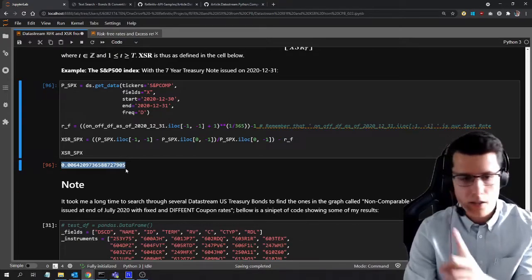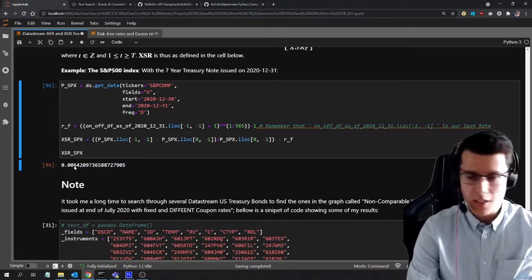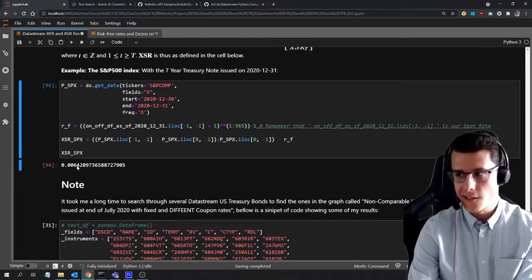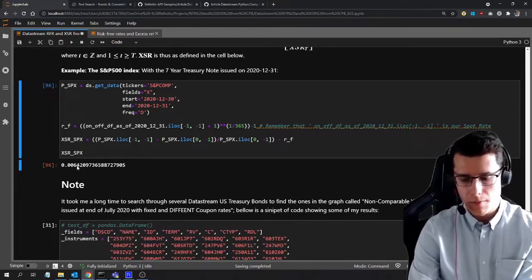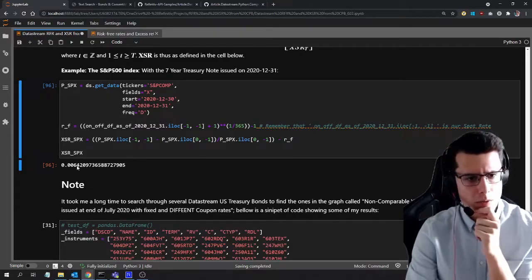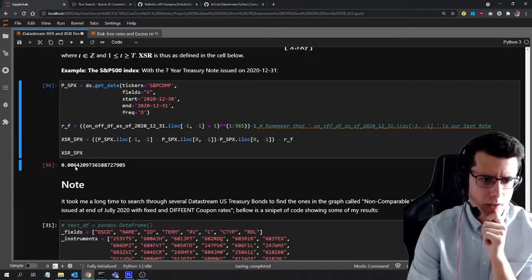So if you invest $1, it's going to give you 0.006 dollars, so 0.64 cents. So that's quite interesting. And that's obviously why you don't invest just $1. You go for quite a lot more. That's quite low actually.